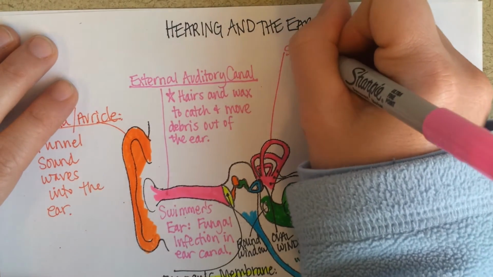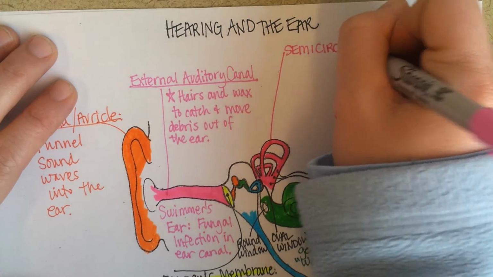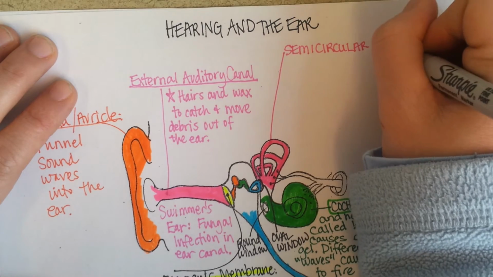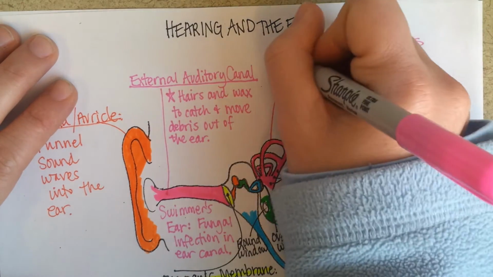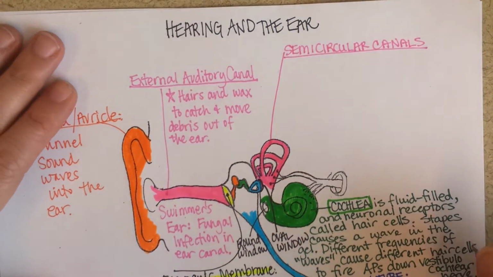So they're called semicircular because of their shape. So they also contain fluid.